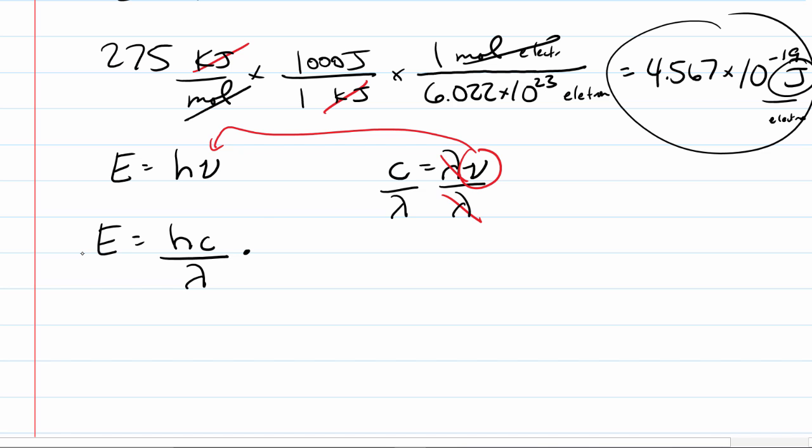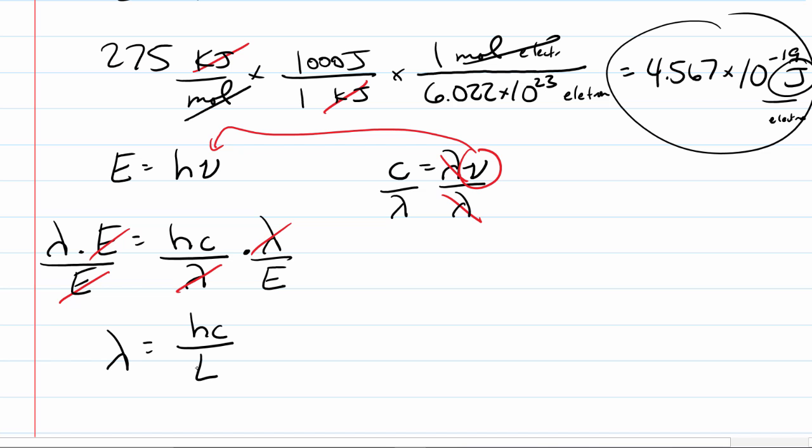So to get it on the top, we're going to multiply each side by lambda, and then we're going to divide each side by E. We do that, lambda goes away here, E goes away here, and we find out that lambda is equal to hc over E.